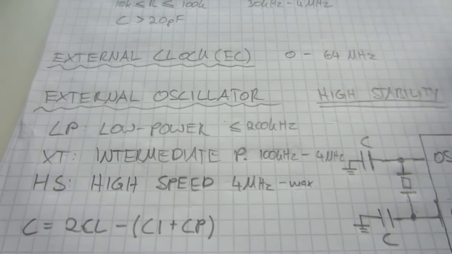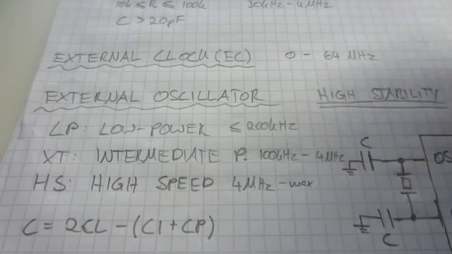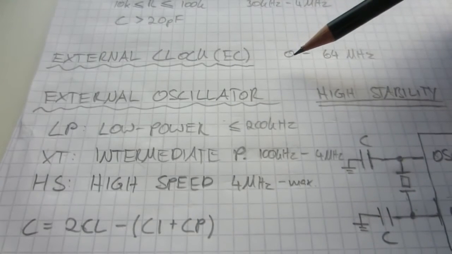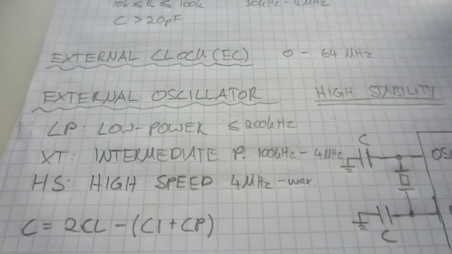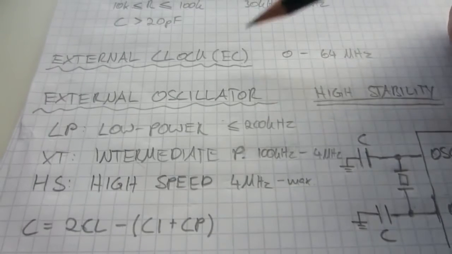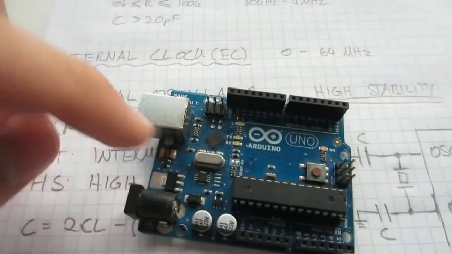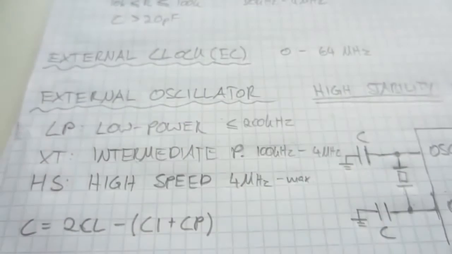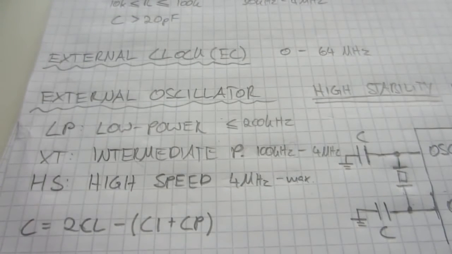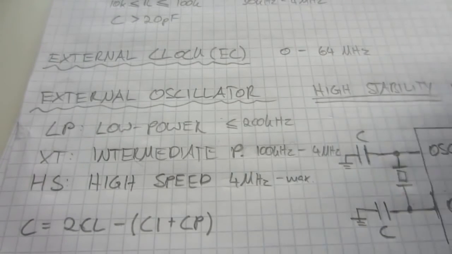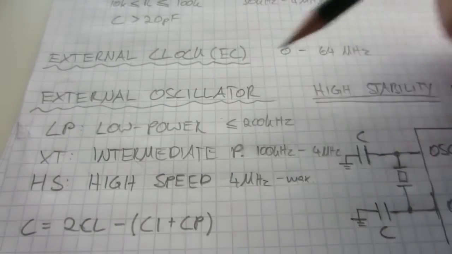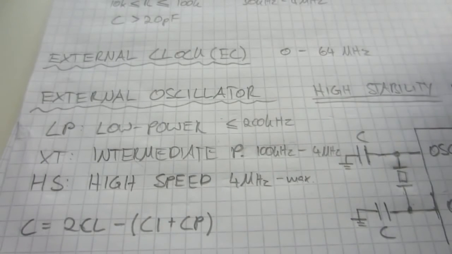Now, the most used oscillator option when you need high stability and high accuracy is an external oscillator. So you will use these little external quartz oscillators, like the ones here, and they will allow you to have very accurate clock rates for things like a UART.